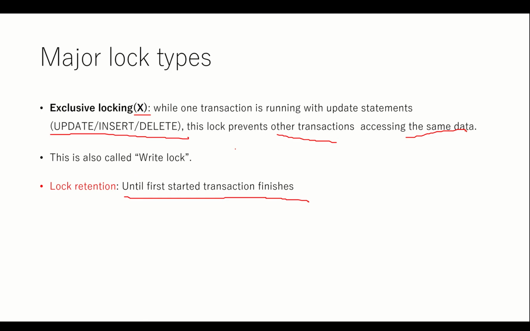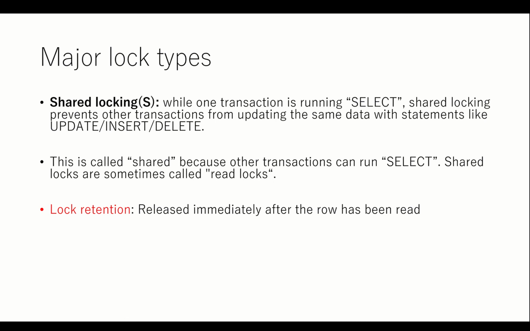Another type of locking is shared locking. This locking is used to prevent running update statements while another session is already running a select statement. In other words, imagine you have a select statement, you are trying to get the data.